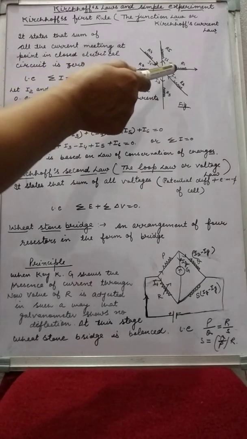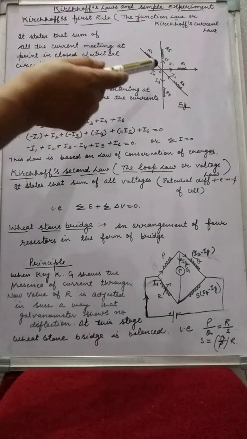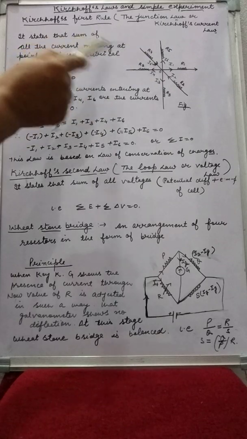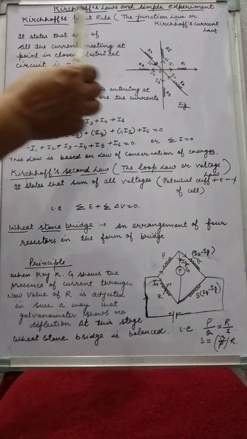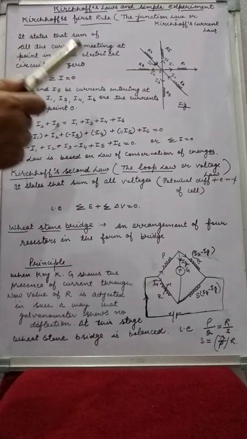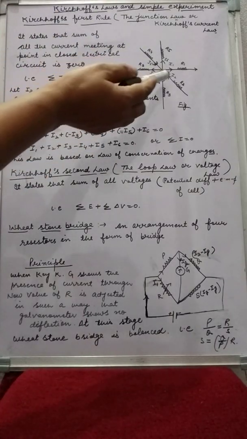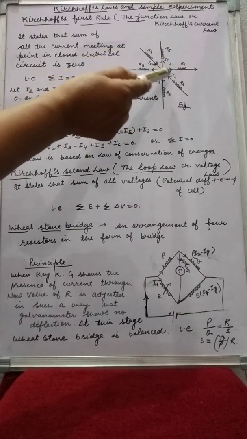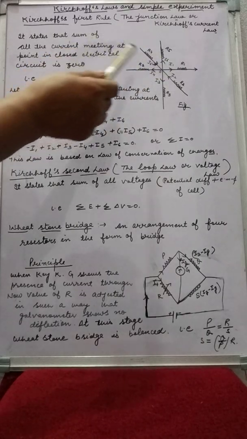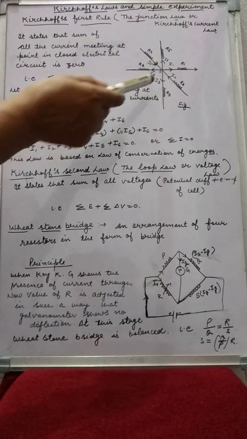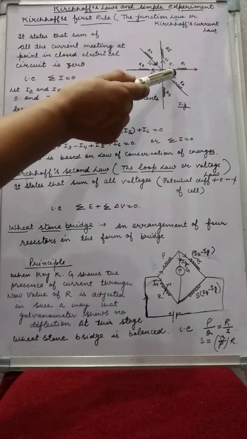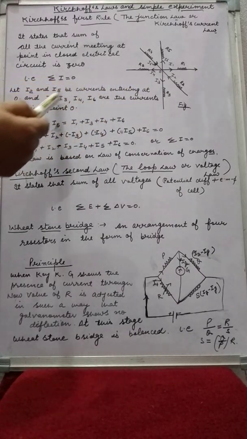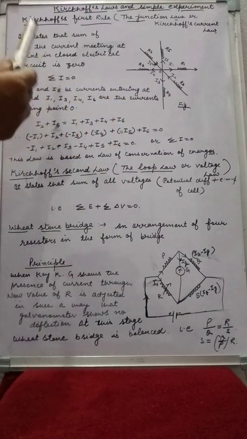Now the currents entering this point, this junction, are taken as positive, and the currents leaving the junction are taken as negative. So we can see here I2 and I5 are the currents entering the junction O. This point O is called the junction. So the values of the currents I2 and I5 are entering currents, and these will be taken as positive.